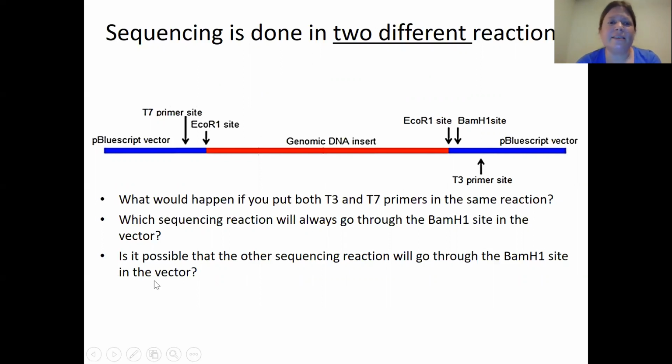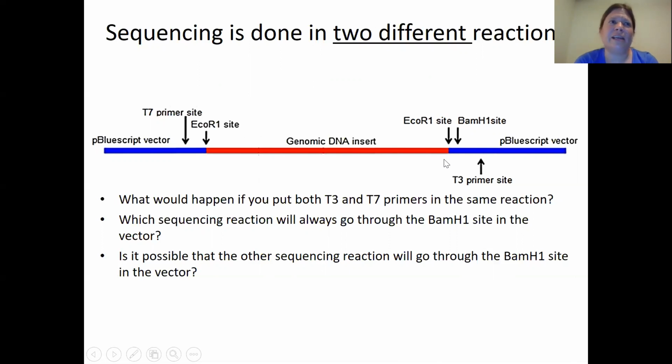And then of these 2 sequencing reactions, the T7 starts here and goes that way, the T3 starts here and goes that way. It should be relatively clear that your T3 sequencing reaction is more or less always going to go through the BamHI site to the EcoRI site and into the genomic DNA. Your T7 reaction can also end up sequencing through this BamHI site if your insert is small enough.